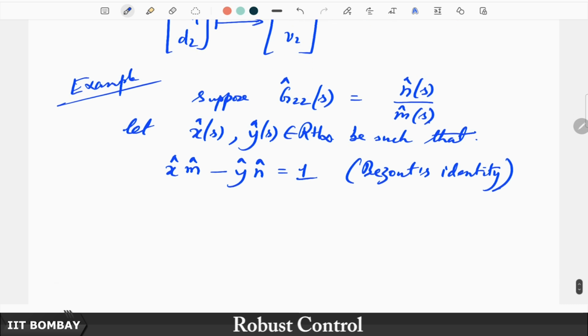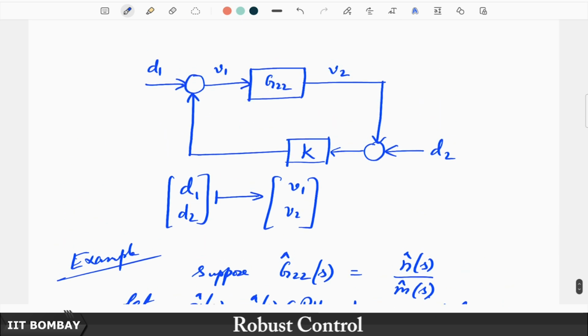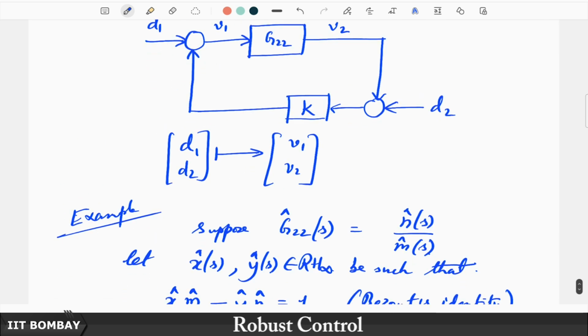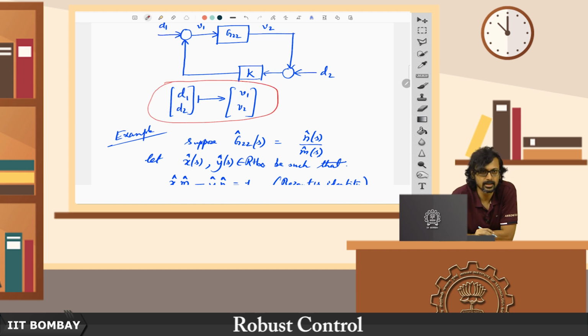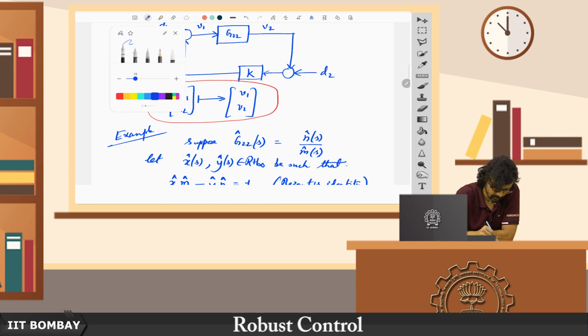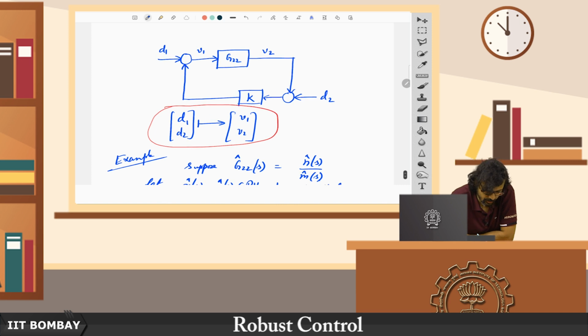Okay. So, now notice what can we say about the scalar transfer function that is embodied in this particular relation. If you focus your attention on this d1 to v1.